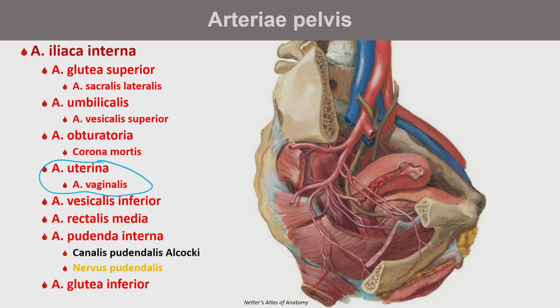And supply, here, we can see it. This is artery, uterine artery, divided in two main. This one is going along the edge of uterus, and the second is vaginal artery descending down. So this is arteria uterina.